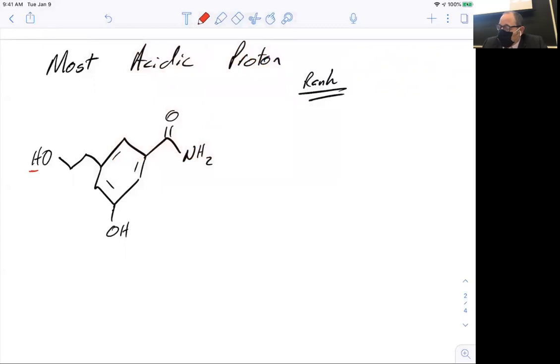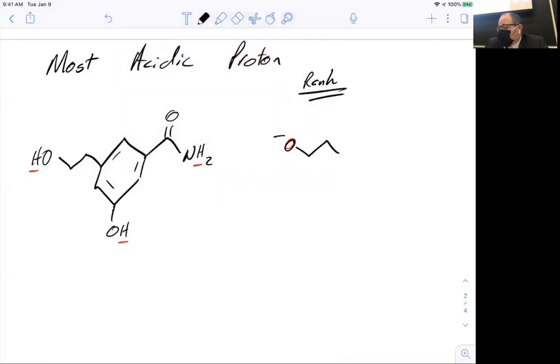And for this first one here, let me show you the hydrogens I want you to focus on. Okay, so if we look at these three, the thing that we can do, and you should do, is first think about their conjugate bases.